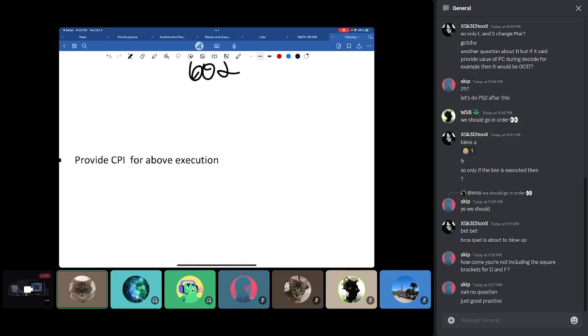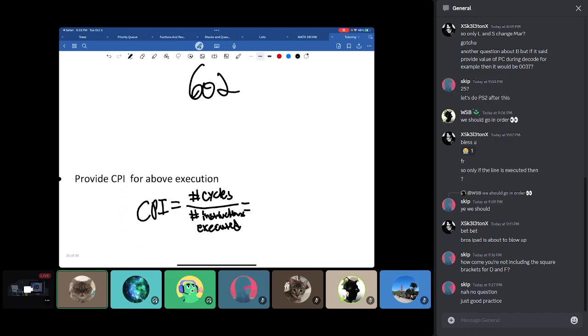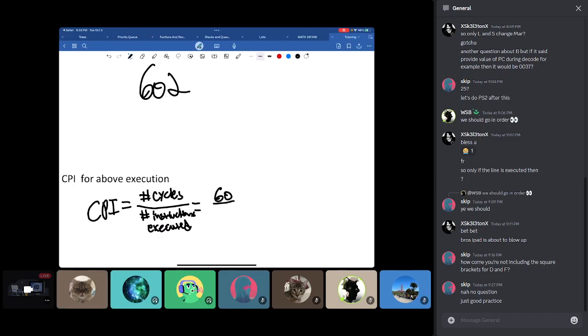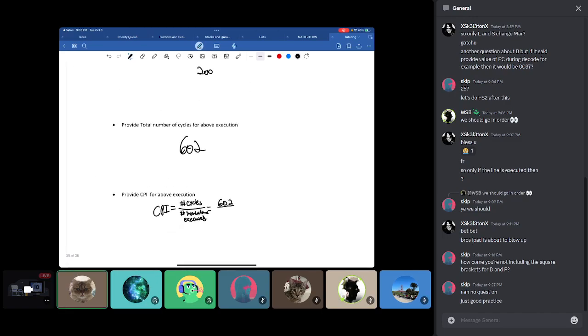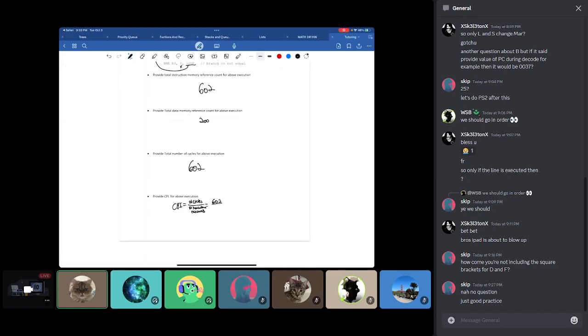Then CPI, again, we remember that it is the number of cycles divided by the number of instructions executed. We have the number of cycles at 602, and the number of instructions is 602.